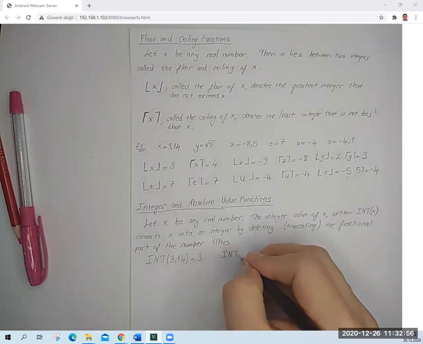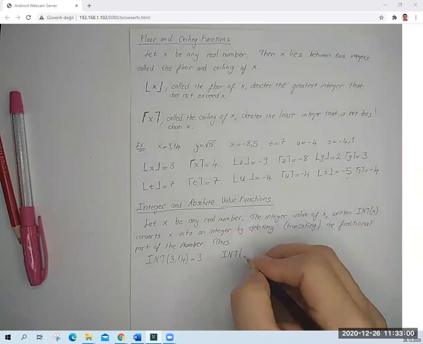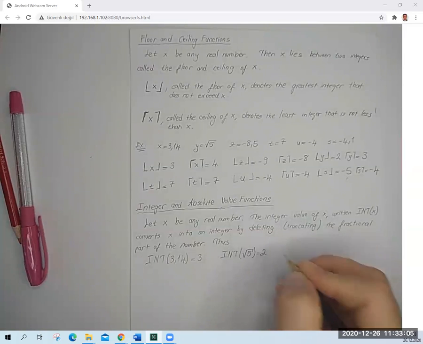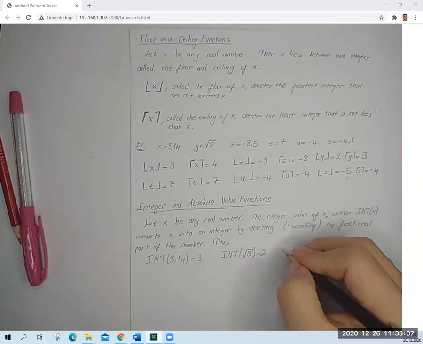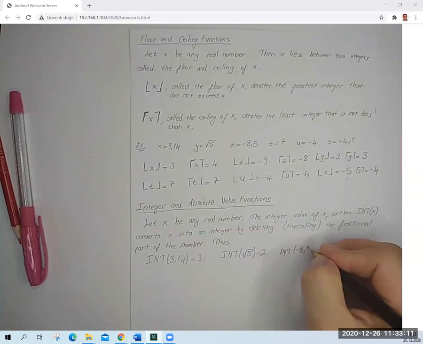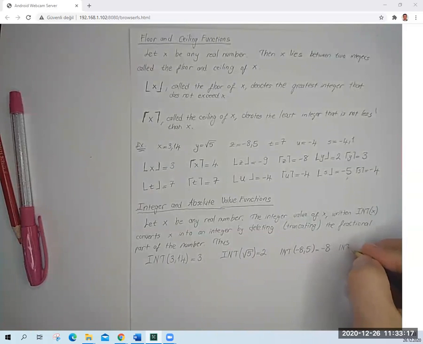Again, if we look at y, the square root of 5, this is going to be 2. And again, minus 8.5 is going to be minus 8. And this is 7 and 7.